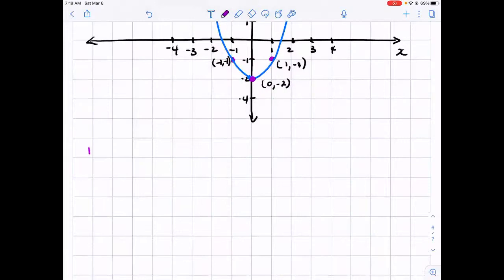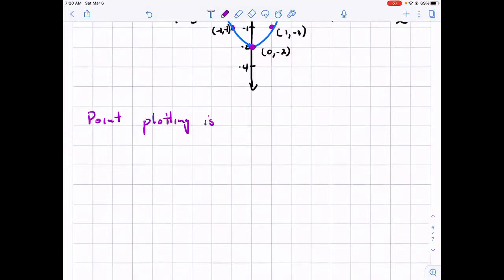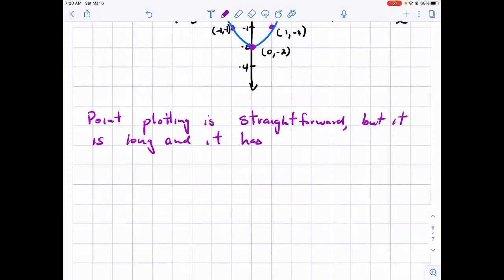So we can see point plotting is straightforward, but it is long, and it has shortcomings.